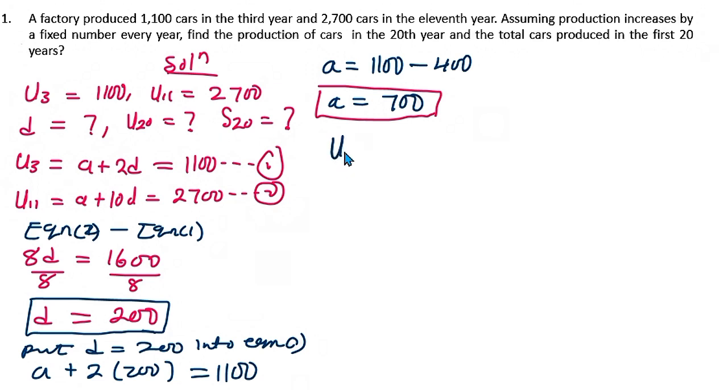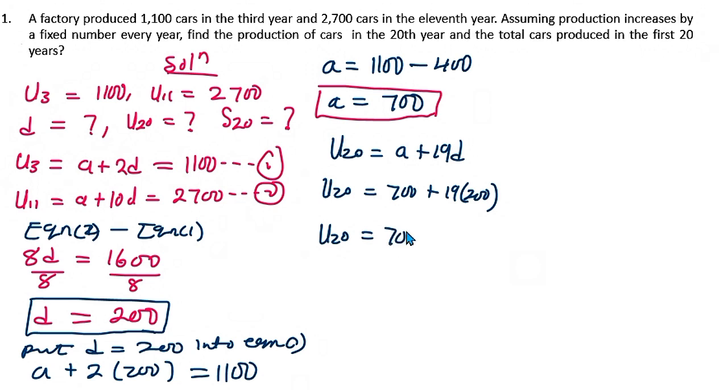So this is going to give us U20, which will be given by the expression A plus 19D. So U20 equals A, which is 700, plus 19 times the common difference, which is 200. If we check, 19 times 200, we are going to have 3,800.